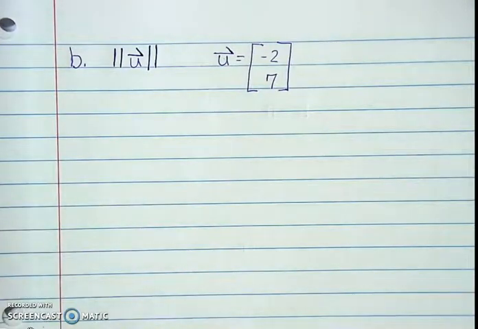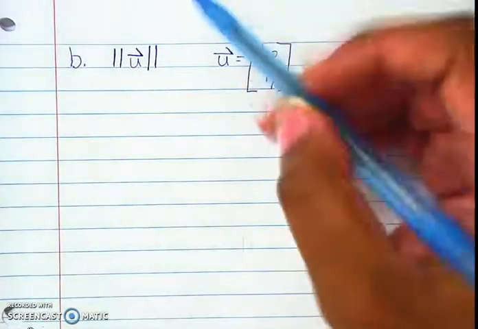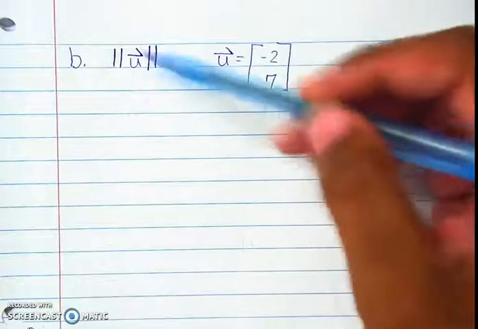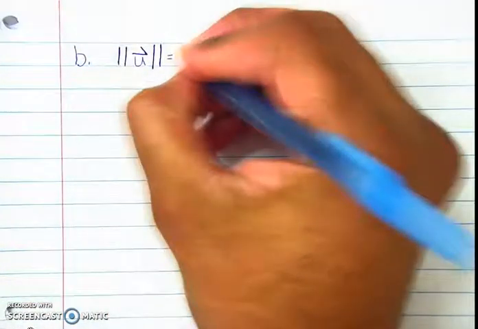For example, here for B, I give you -2 and 7, and we need to find the magnitude of this vector. Once you put it in and do the triangle and all the great stuff, you'll get the square root of 53.